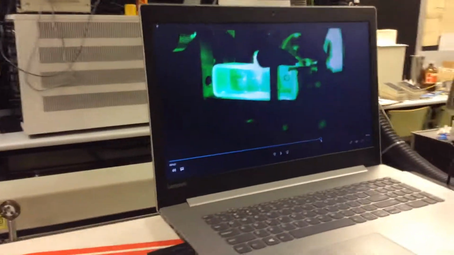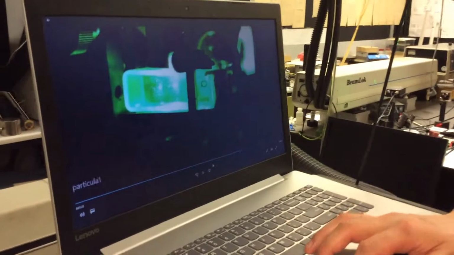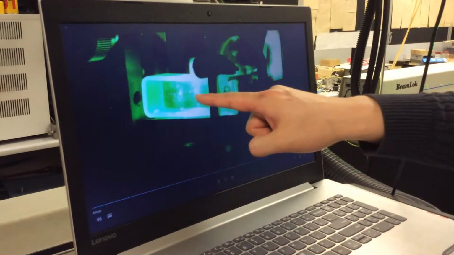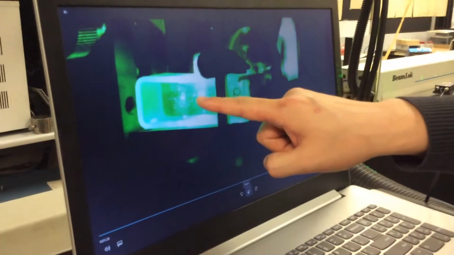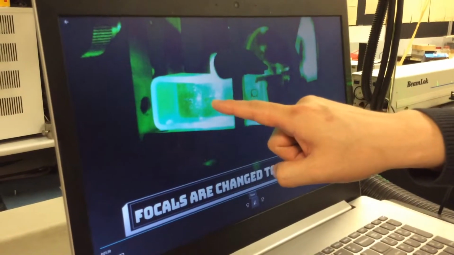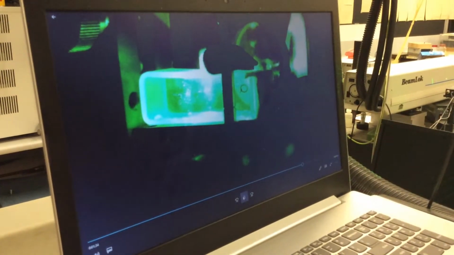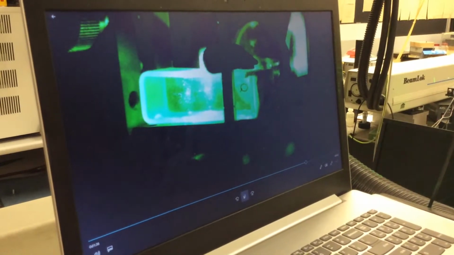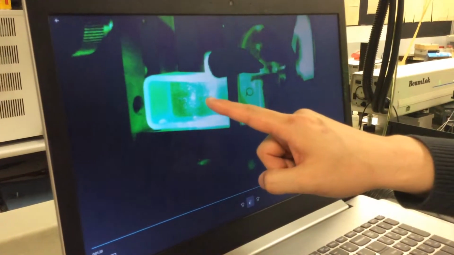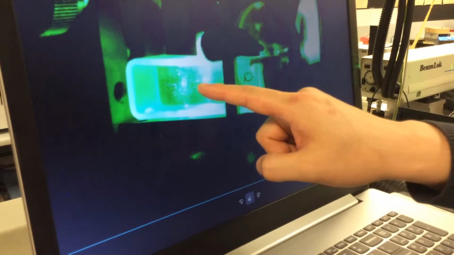Let's have a look at how it performs. So here we still have the particle trapped, right? It is here. And now we are changing the focal length of the structure and you see it is here now.